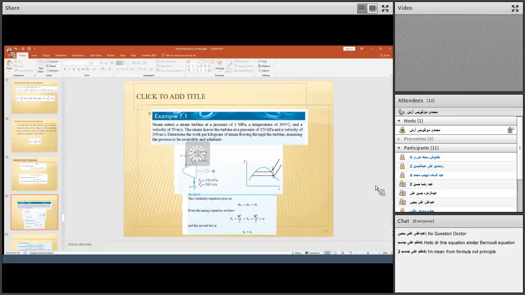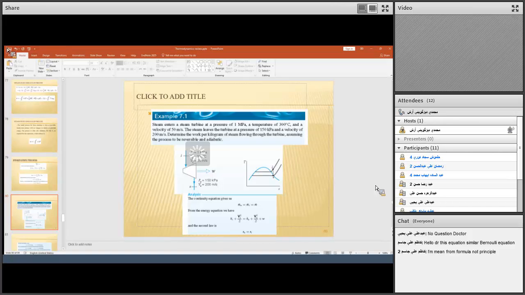Consider steam enters a steam turbine that you can see in the figure at a pressure of 1 megapascal, a temperature of 300 centigrade, and a velocity of 15 meters per second.